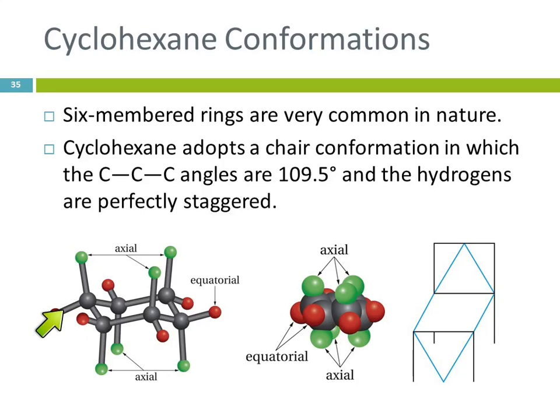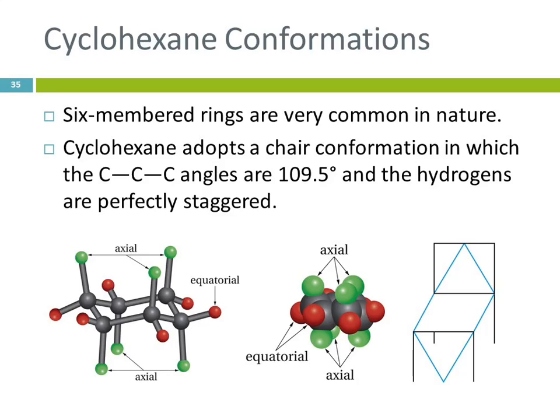And then there are some that are sticking straight out, the equatorial. The equator goes around the middle of the Earth, right? And so if you think of this as being around the middle of the Earth, the equatorial hydrogens are going around the middle. So these are equatorial, and these are up and down along the axis, the green ones.